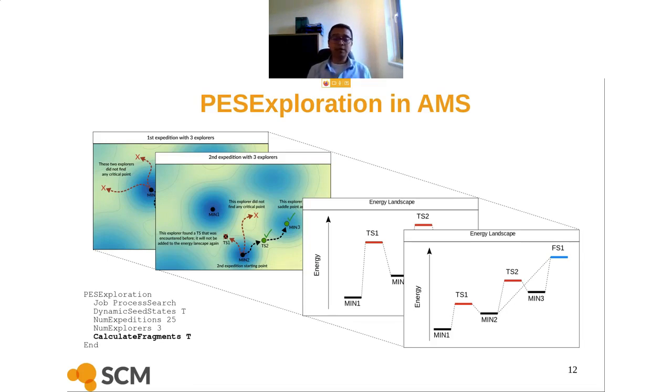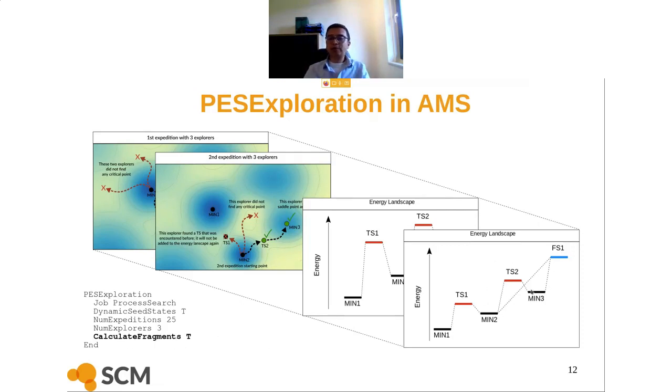In principle, this is all we need, but there are some cases where there are no transition states associated. So, for example, if a molecule is just breaking apart, or a gas molecule is separated from the surface, in some cases you don't have transition states, and we can include those cases using the calculation of fragments.